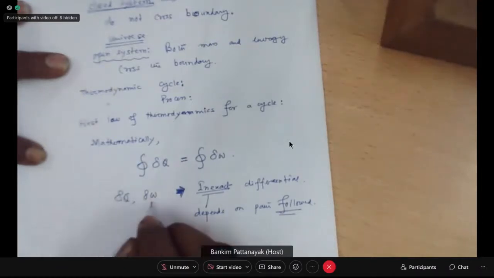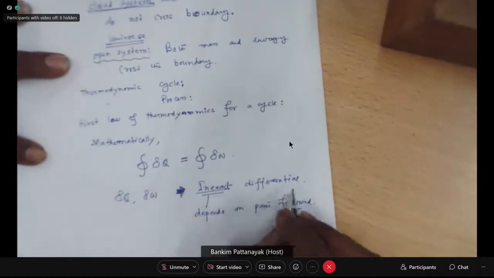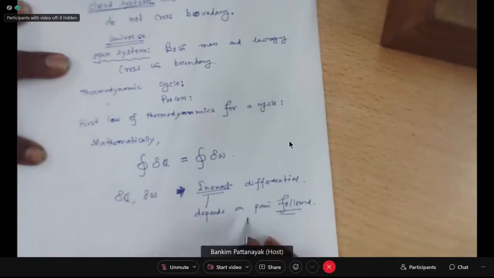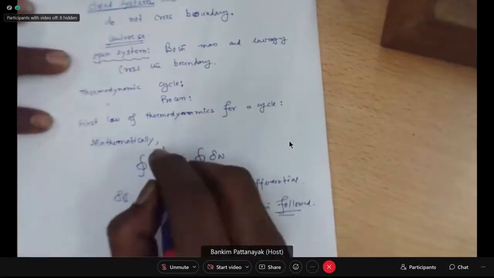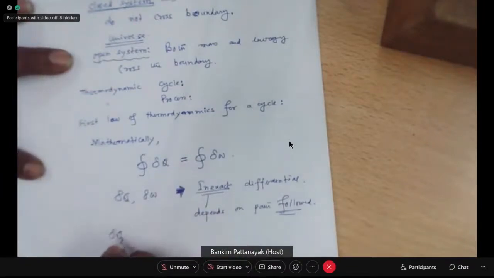Whereas del Q and del W are inexact differentials because they depend on the path which is followed. Del Q is the heat interaction, and del W is the work interaction.